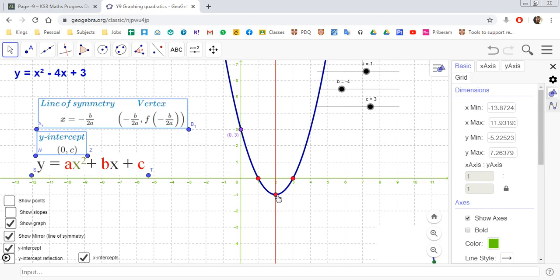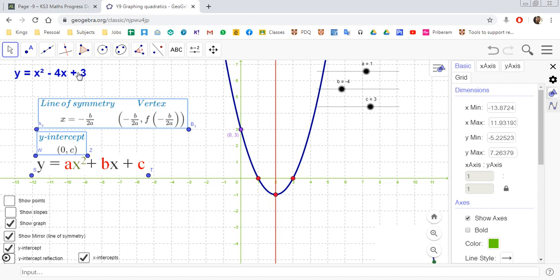Let's do this. Well, 2 squared is 4. Minus 4 times positive 2 is minus 8. So 4 with minus 8 is minus 4. Plus 3, minus 1.